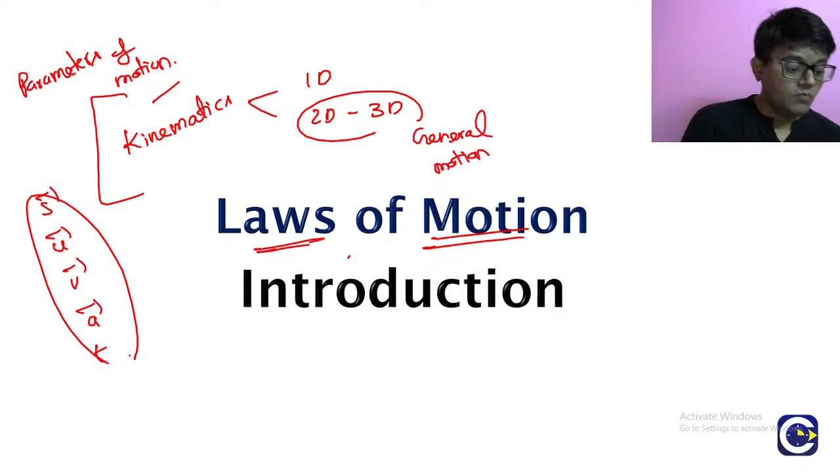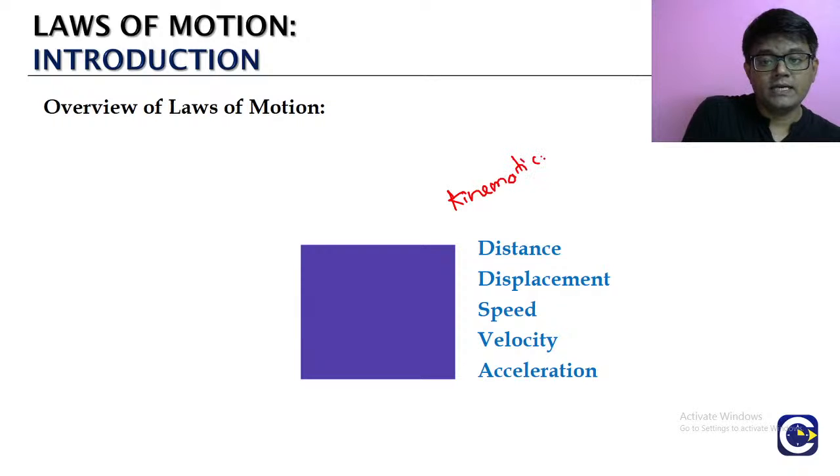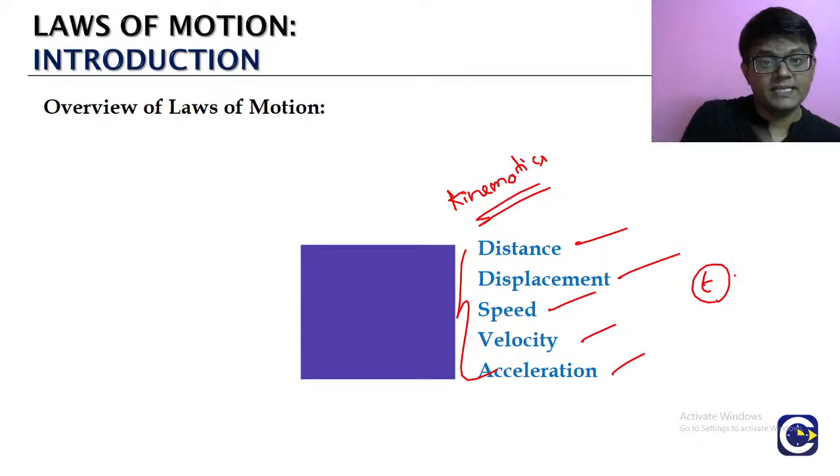What is it that we are going to learn in Newton's laws of motion? The laws of motion are going to give us the other side of the picture. What we have been doing in kinematics is looking at the parameters of motion, whether it is distance or displacement, speed, velocity, acceleration, the journey time. We were trying to understand the relation between these parameters.